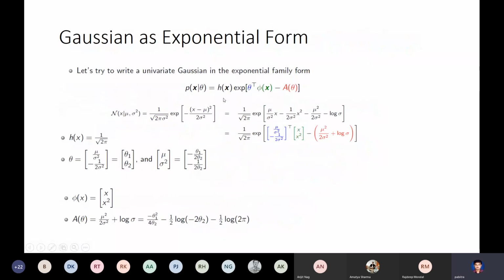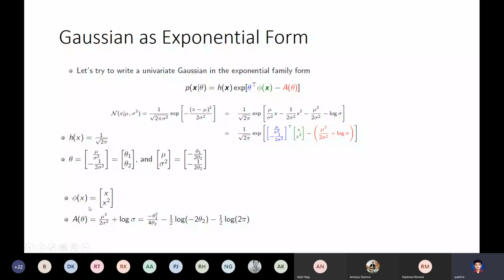Let us look at the Gaussian, which is closer to this. This is the Gaussian distribution, 1 over root of 2 pi sigma square, e to the power of minus (x minus mu) square by 2 sigma square. If you do it, h(x) will be 1 by root 2 pi. What is theta? Theta is this natural form of mu by sigma square and minus 1 by 2 sigma square.